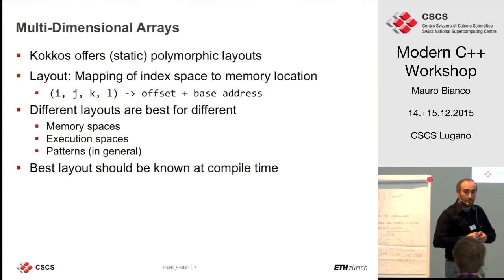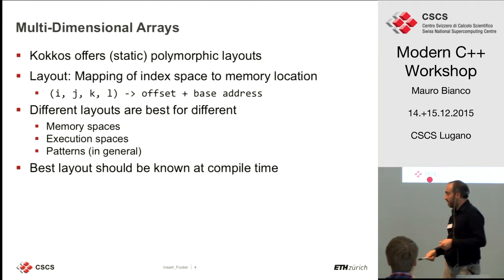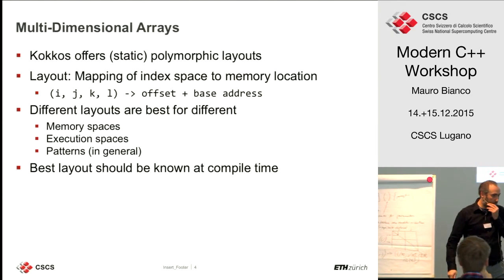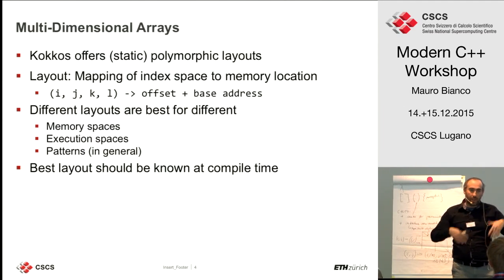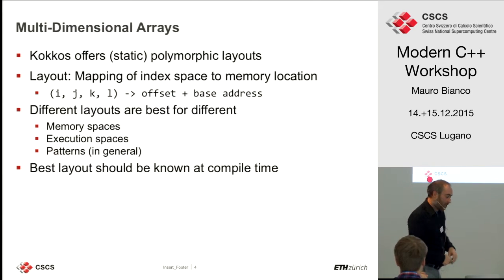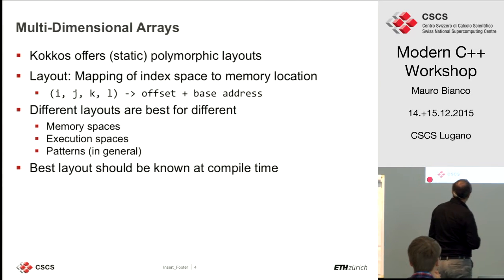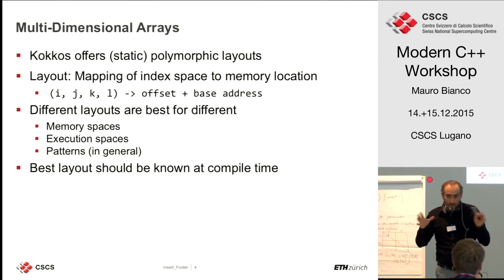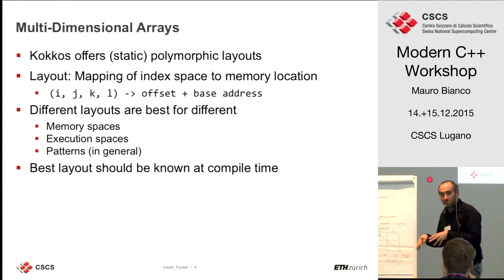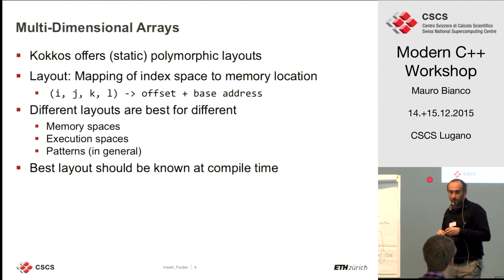That's another mapping. This is non-linear mapping. So it's a very general idea. You get the space of indices and you map to the thing. The problem is different memory systems have different layouts, different best layouts for your computation.